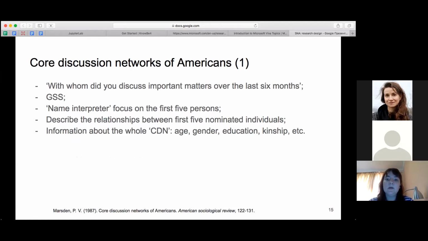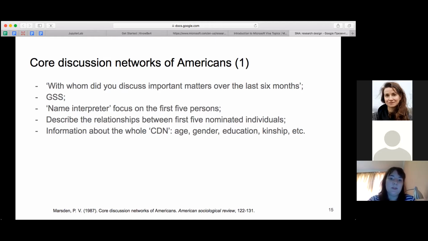In this presentation, we will discuss the paper about the core discussion network of Americans. But as I know, in different countries researchers also cover the core discussion networks of their countries. I know that there are some studies about Japan and the Netherlands and maybe some other countries.